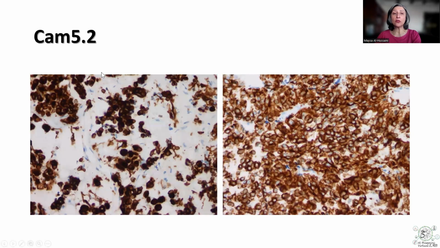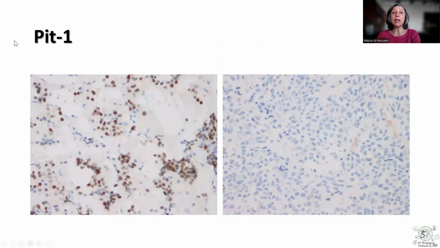And CAM 5.2 immunostain was positive in those nests in the normal, and was diffusely strongly positive in the cytoplasm of the tumor cells. Now, PIT1, which is a transcription factor that is very characteristic of the tumors, in particular somatotroph, lactotroph, and thyrotroph tumors, was negative in the tumor.